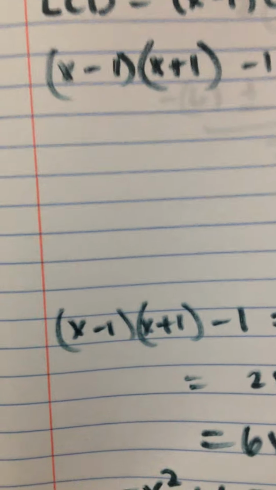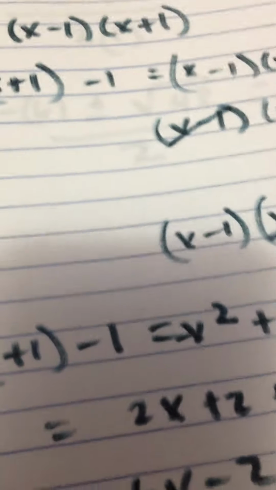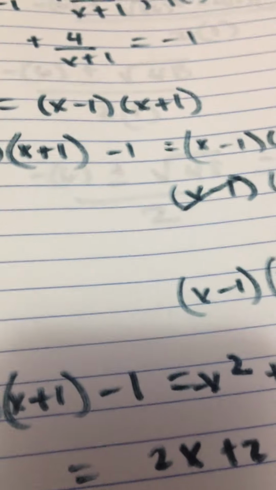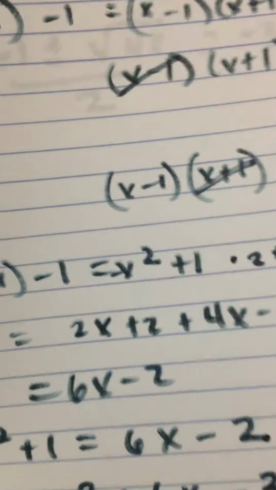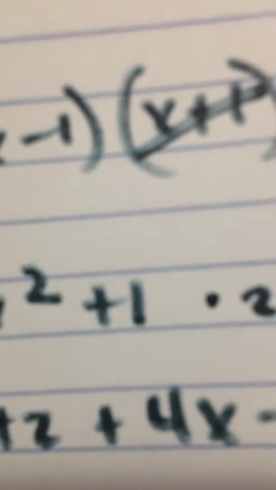And then same with the right side, you apply the AB over AC equals B over C property, and that gives me negative x to the power of 2 plus 1.